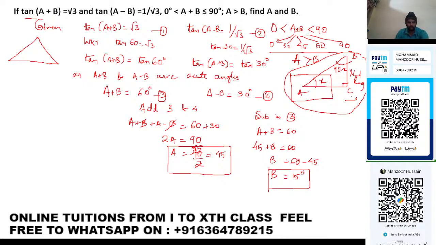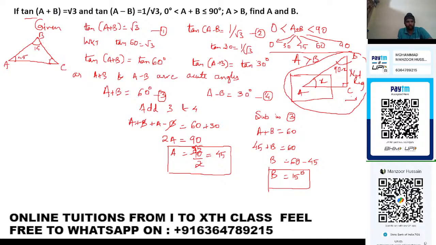In that case, if you want to calculate angle C, A is 45 degrees and B is 15 degrees, then what is C?